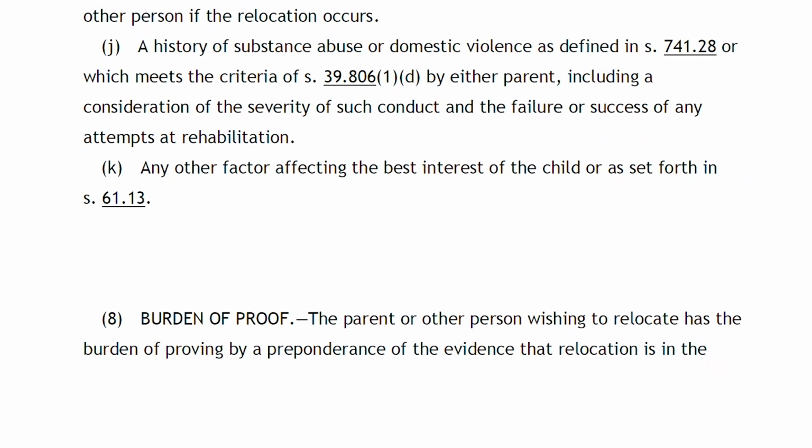The final factor under the statute, subparagraph K, let's look at that. Any other factor affecting the best interest of the child or as set forth in 61.13. All right, this is the big catch-all phrase at the end.